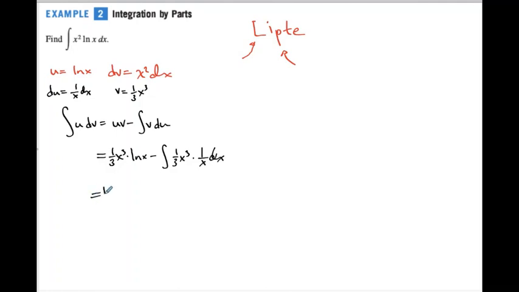So now we get 1/3 x cubed times ln of x minus, I'm going to pull the 1/3 out front, the antiderivative, the x cubed and the x cancel to give us an x squared dx. By power rule, we see we get a 1/3 x cubed times this 1/3, we'll have a 1/9 x cubed.